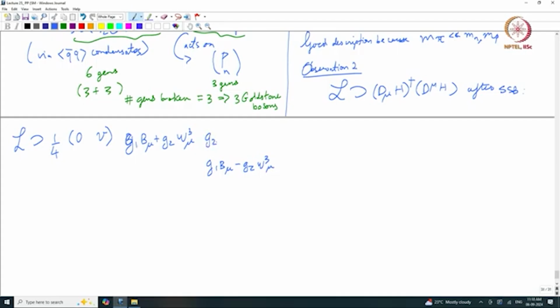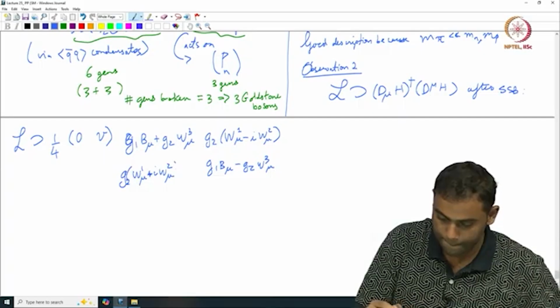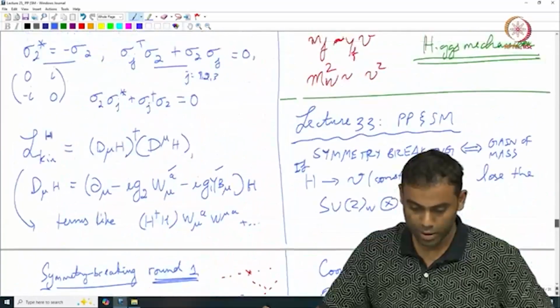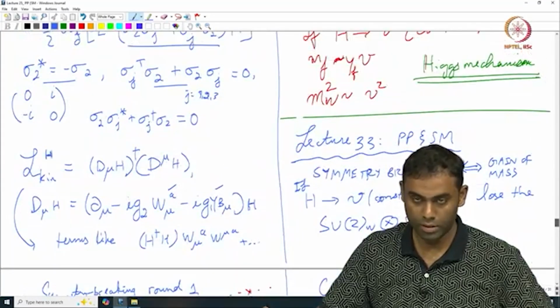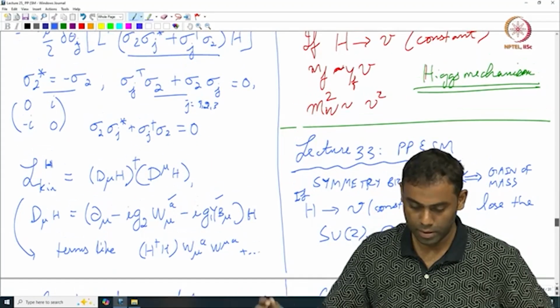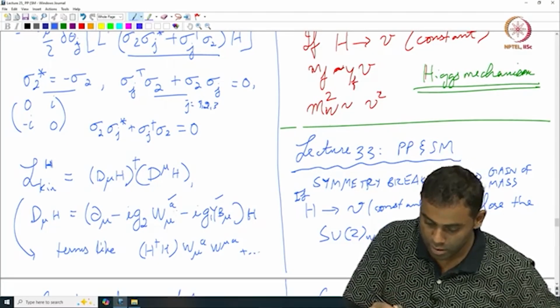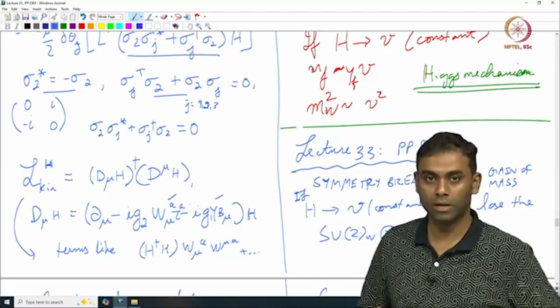In the off diagonal, I have W1 mu minus I W2 mu. And in this off diagonal, I have W1 mu plus I W2 mu. Once again, let's go back here and make sure we are fine. Where did those things come from? I missed putting the generator here.